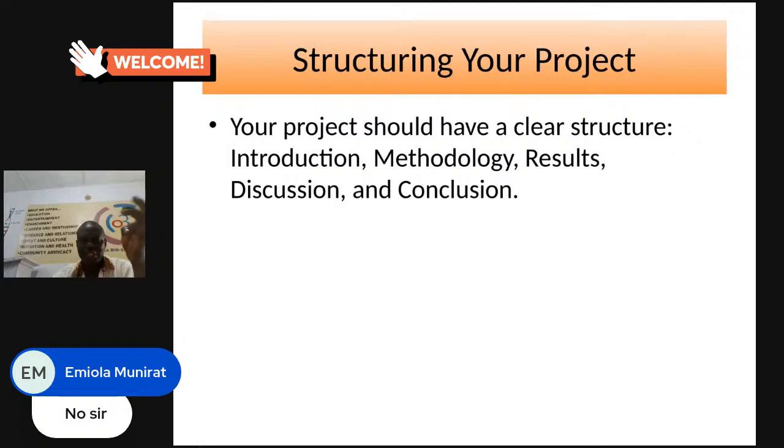The first one is your result presentation. The second one, which is 4.2, is going to be the interpretation of your results. Then 4.3 is going to be your discussion, while your chapter 5 will be conclusion and recommendation.